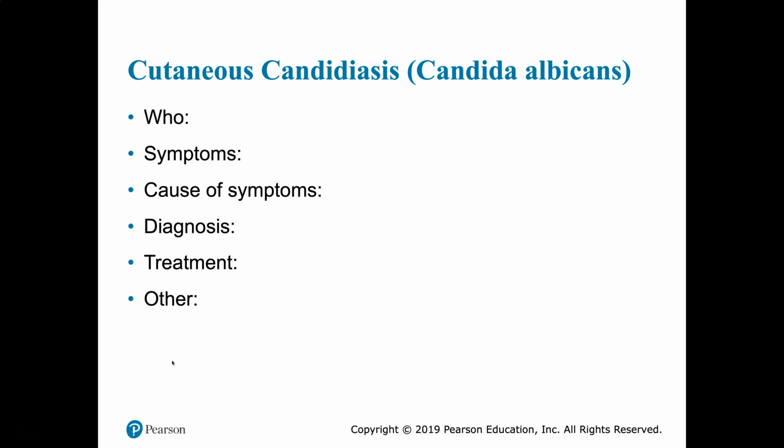And what happens is lactobacilli produce lactic acid as a byproduct, which kills Candida. So when the lactobacilli are out-competing Candida, you have no problems. You don't run into any issues with infections usually, if you're healthy.